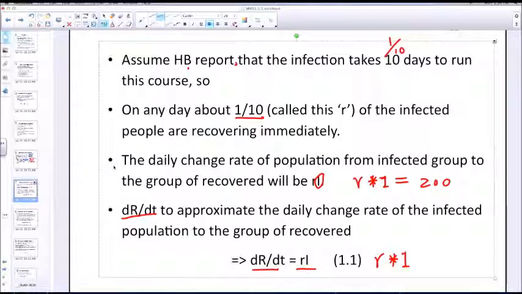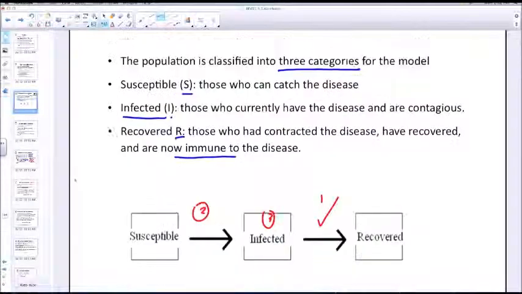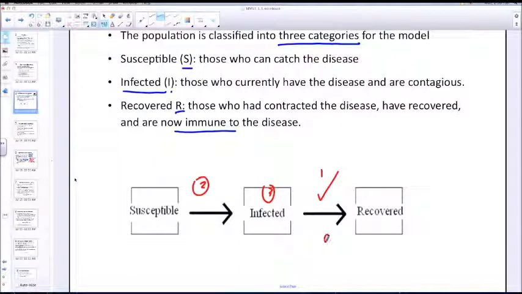So in my example, if I have 2,000 infected people, this daily change rate is going to be 200. That's the easy part. So we take care of this. The dR/dt here equals R times I, where R is the recovery rate.